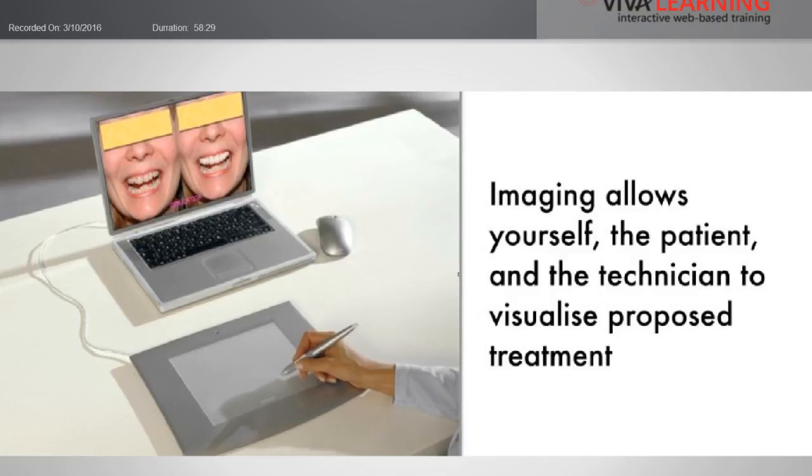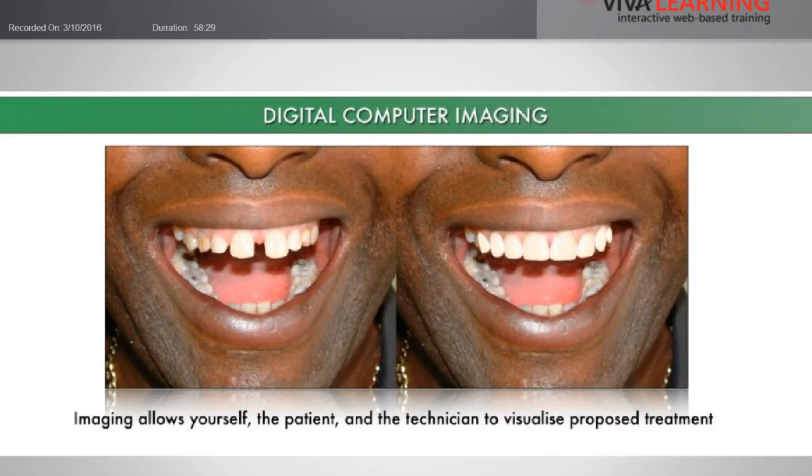So you can basically draw in a new smile, and this allows yourself, the patient, and the technician to visualize proposed treatment. So this is an example of computer imaging. We've taken a photograph on the left, we duplicate that photograph, and then we can draw in a proposed new smile. Now this might be veneers, crowns, orthodontic treatment, anterior composites, whatever treatment, doesn't really matter, because you can pretty much image anything.